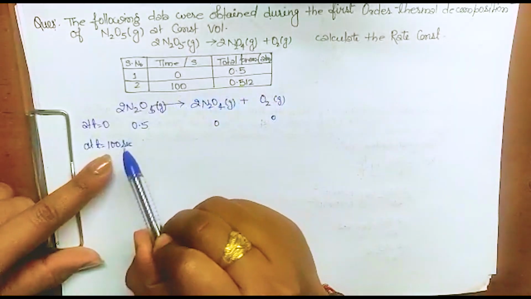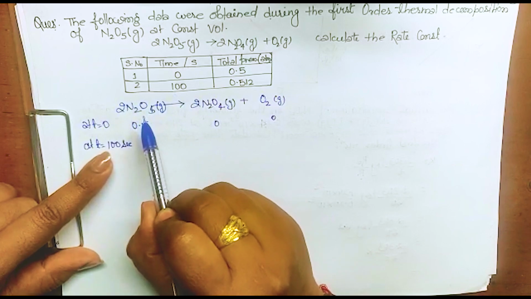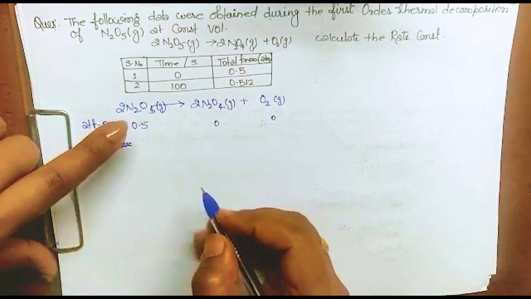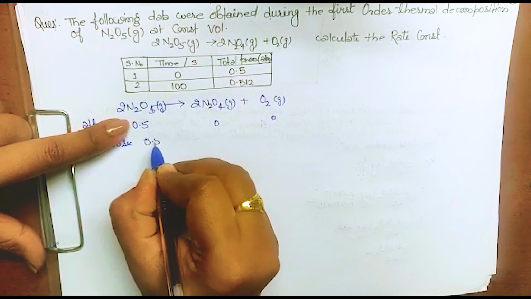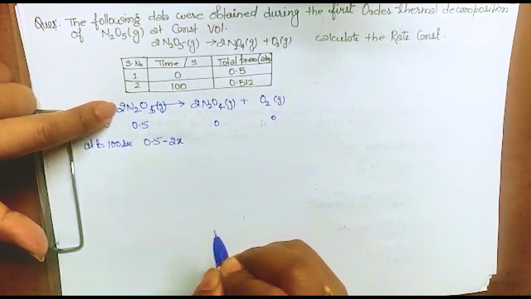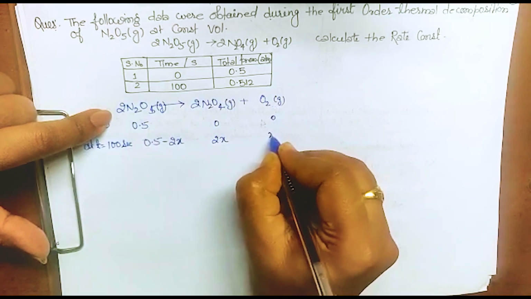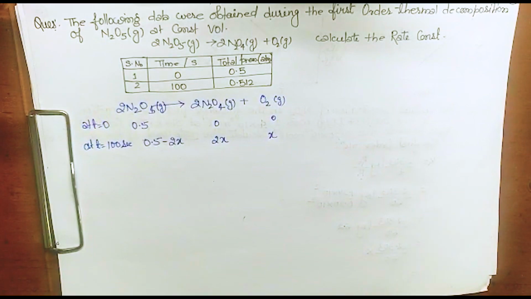So we apply the equilibrium approach. For 2 moles, it will be minus 2x, and the product is 2, so it will form 2x, and here it is 1 mole, so we make it x only.